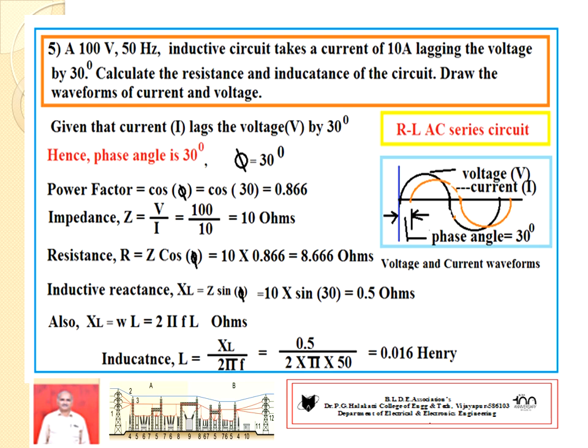Hence, the given circuit is an RL AC circuit. You draw the waveform. Voltage is taken as reference starting from 0, pi to pi. Then current lags by 30 degree. After 30 degree phase angle, current starts. Hence, current lags the applied voltage.